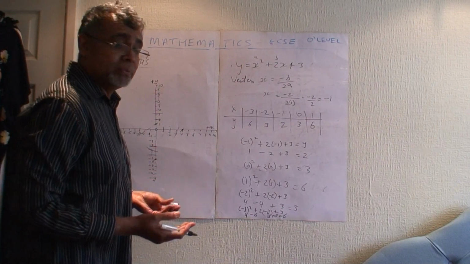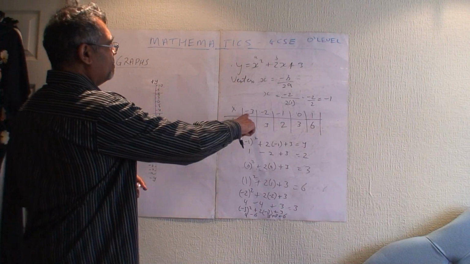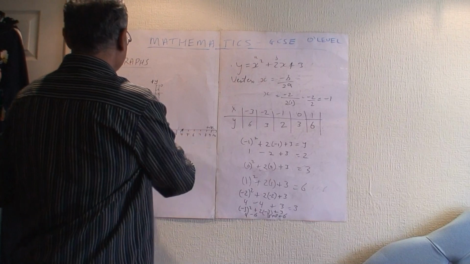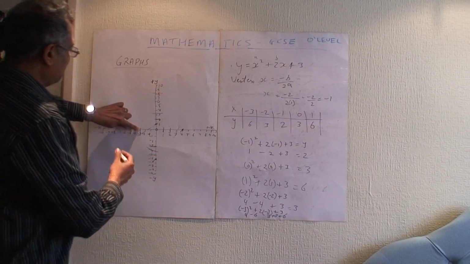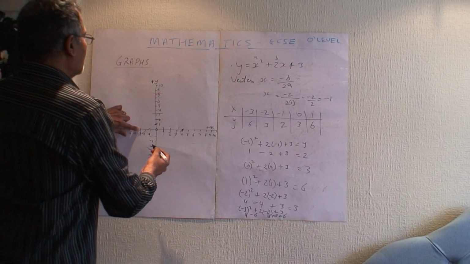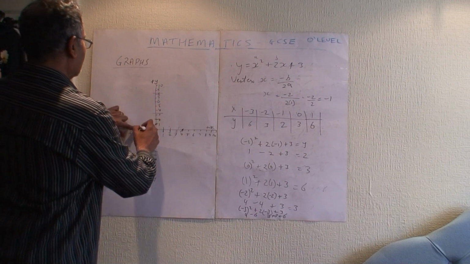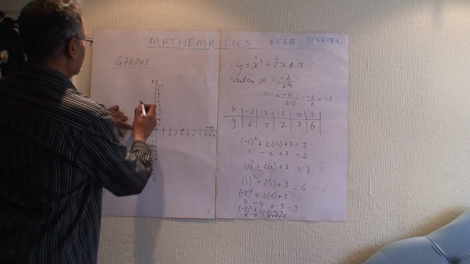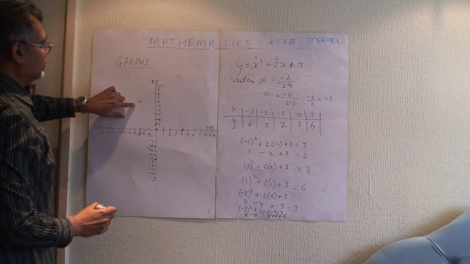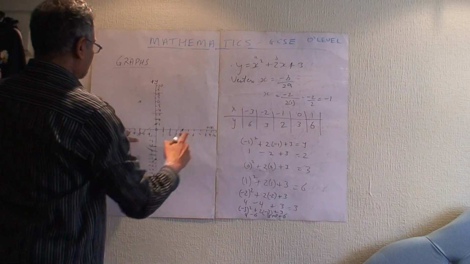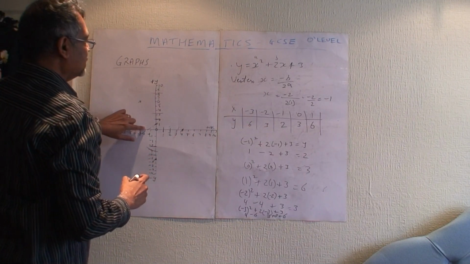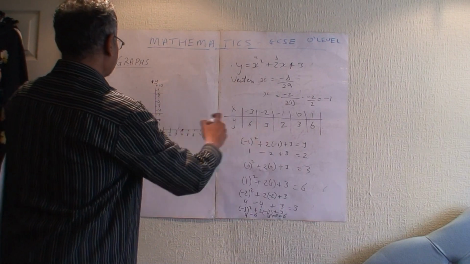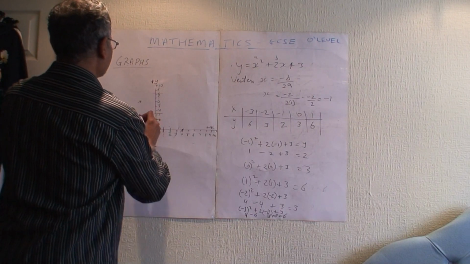Now we have all these values and we would like to plot them on the graph. X is minus 3 is right there, and y is 6 is here. So we plot that one. That's our first point. X is negative 2, which is there, y is positive 3, so it's right here.